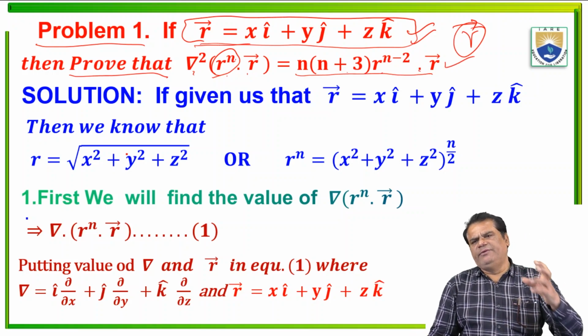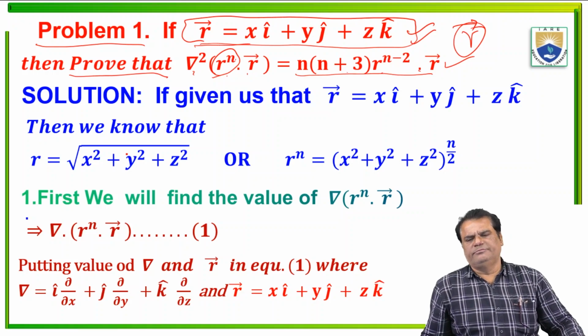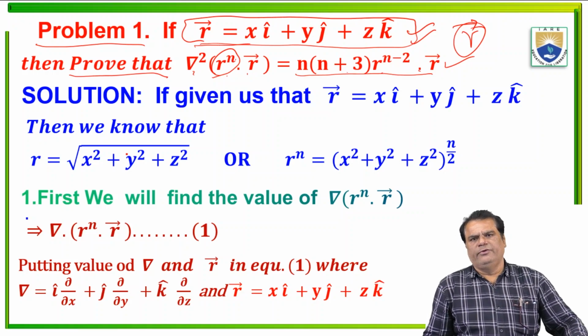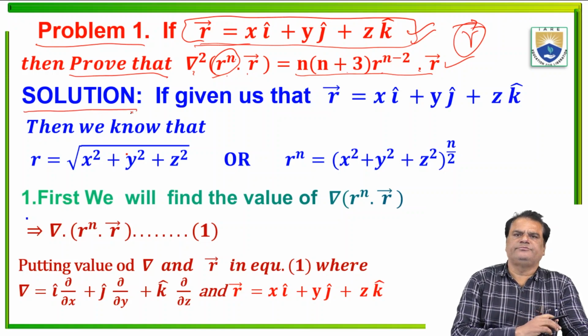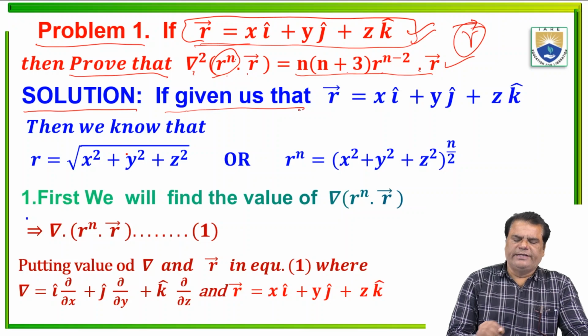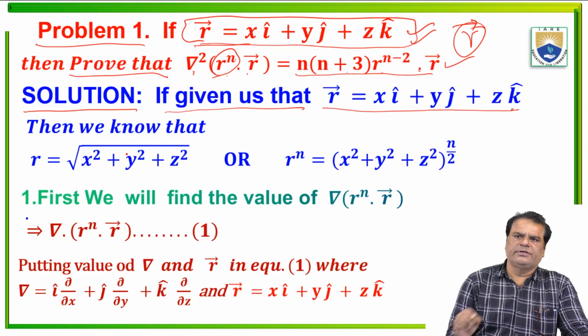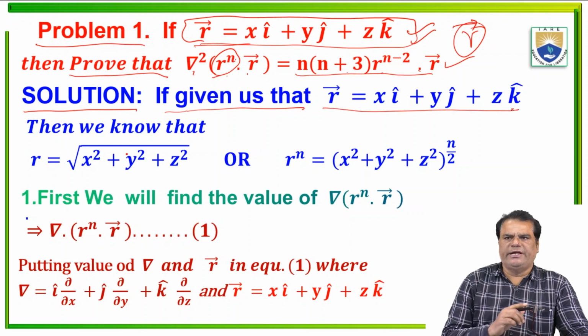This is a very important problem and we want to solve it. So the solution starts here. It is given that vector r is xi plus yj plus zk.